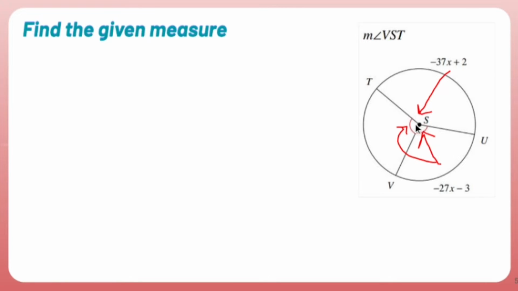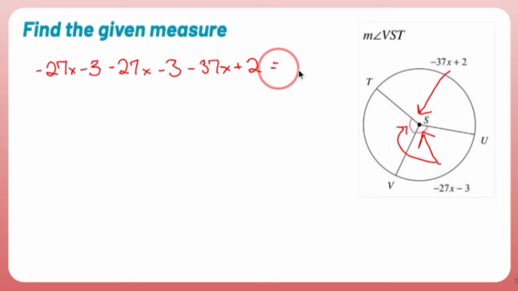But what I do know is I have all three angles that create an entire circle. So why don't I add up all the angles and set it equal to 360, because the circle's angles add up to 360. So let's do this angle right here, negative 27x minus 3. I could put parentheses in front of it and distribute, but I'll just write it out. Negative 27x minus 3, now this guy, minus 37x plus 2, has to equal 360 degrees.